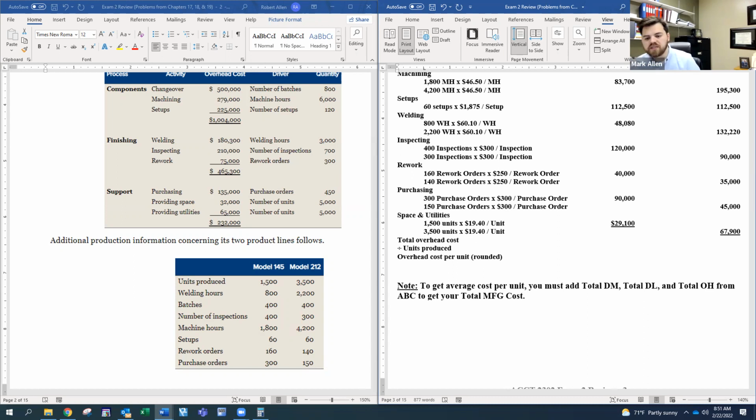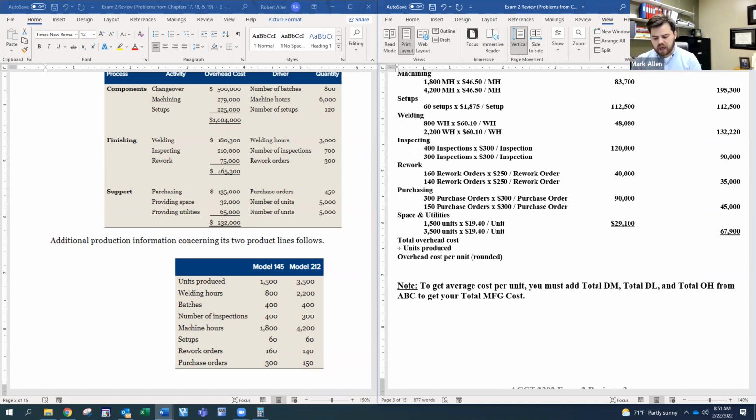So in other words, if this question had asked us, what is the average cost per unit, then all the stuff we just did is fine. But then we'd have to go back, and of course, they'd have to actually tell me how much we spent on direct materials, how much we spent on direct labor. They didn't give me the information here, so we can't even do that on this problem. But had they given me that information, I would need to pull both of those extra pieces in. That would then give me my total manufacturing cost.